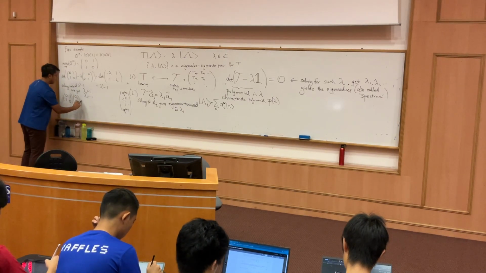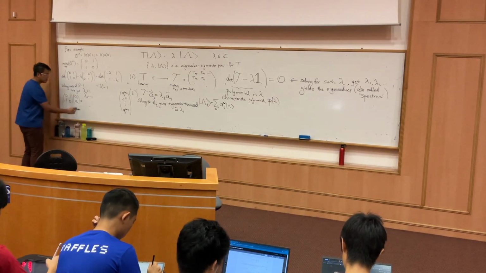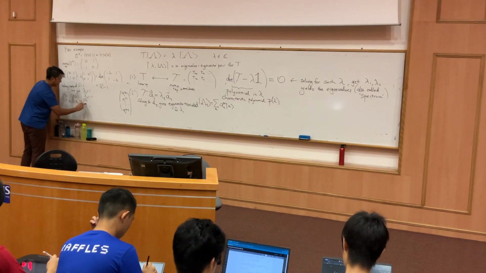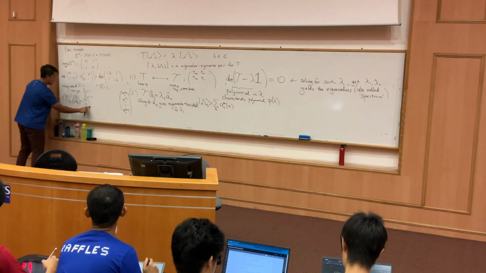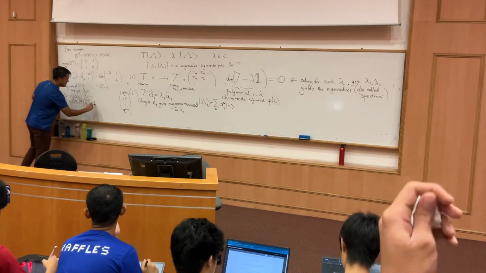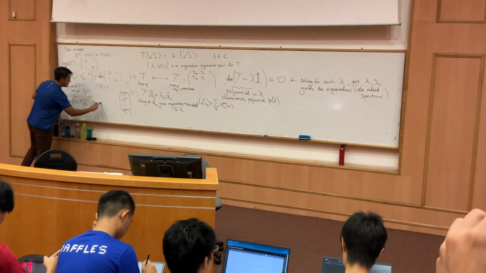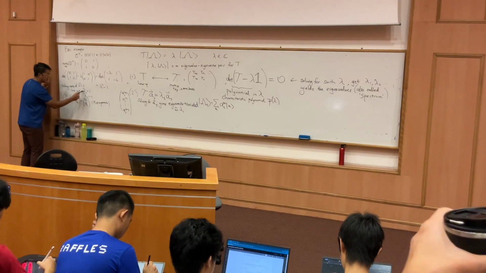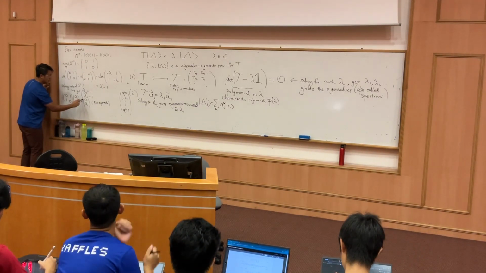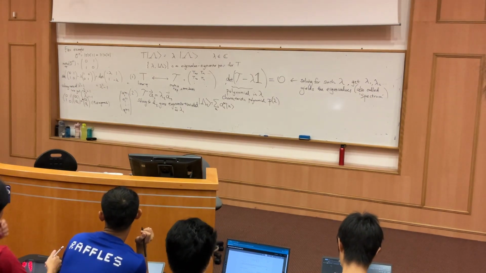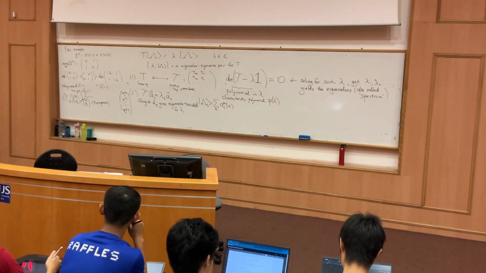So we say, I want this to be equal to lambda 1, which is 1, times A1, A2. That's the first eigenvector. Okay, so we get two equations.